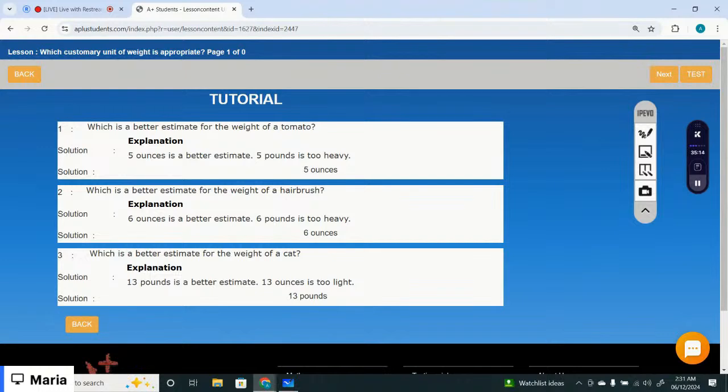So, which is the correct option? That is 6 ounces because 6 pounds is too much for the hairbrush.